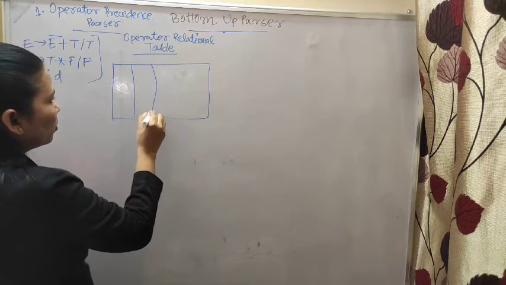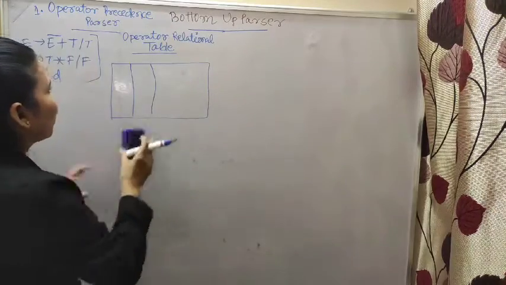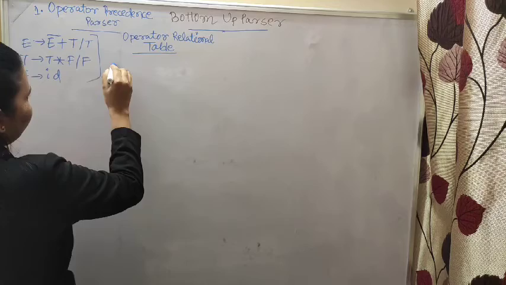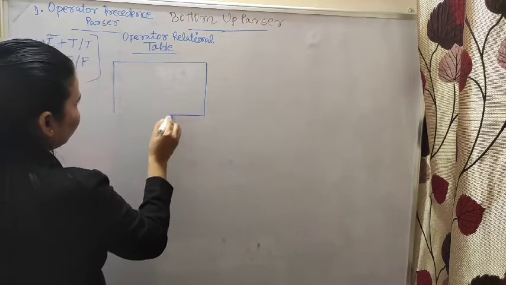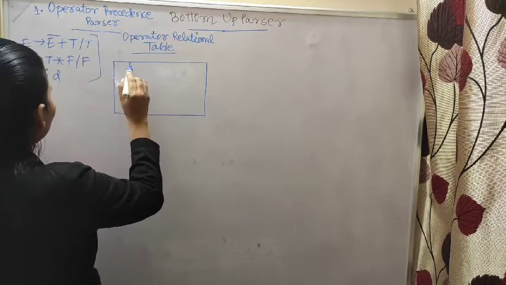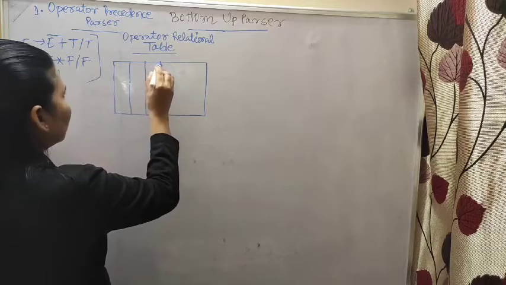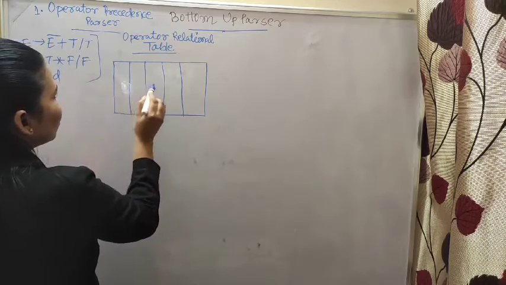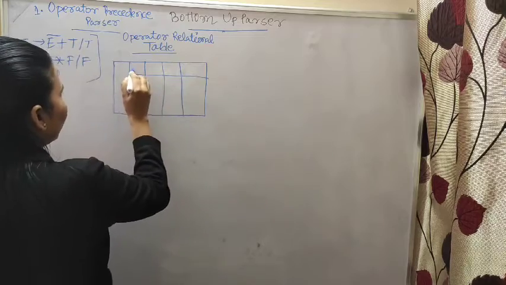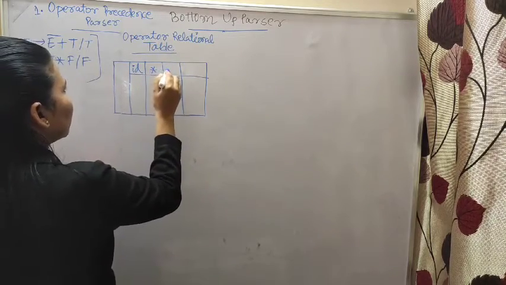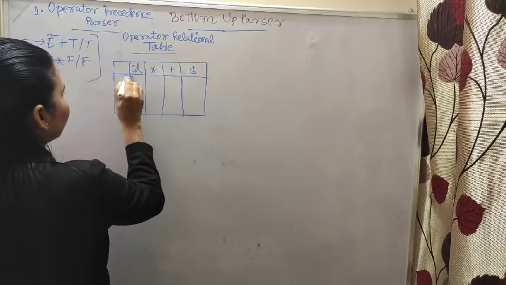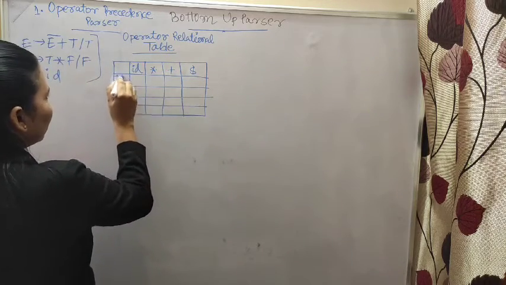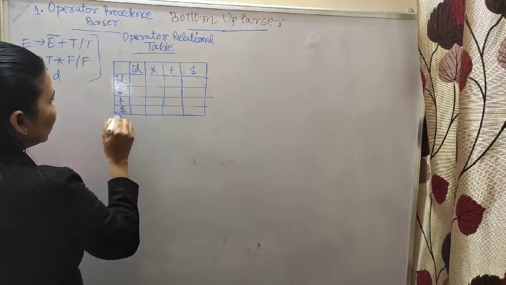For the rows: ID, star, plus and dollar. And for the columns also: ID, star, plus and dollar.